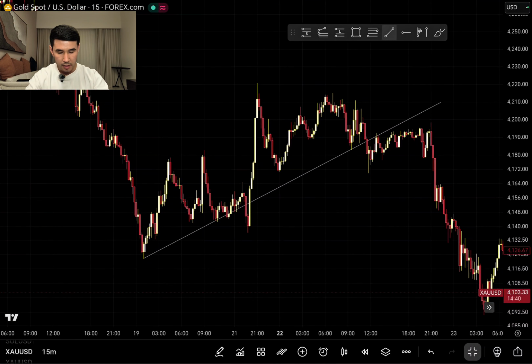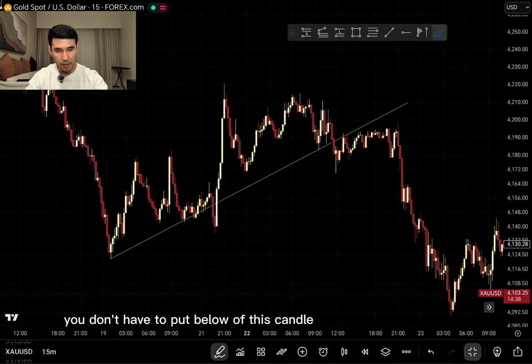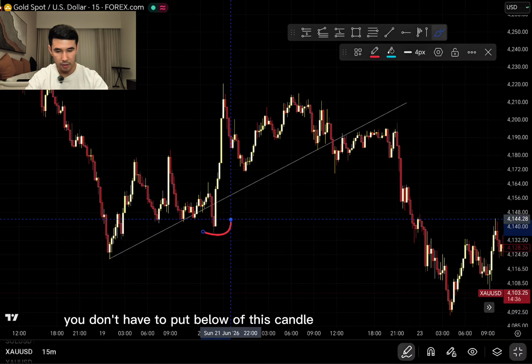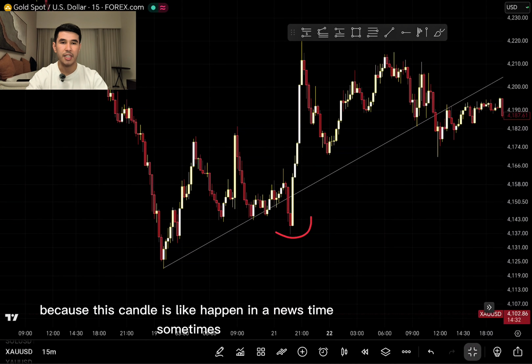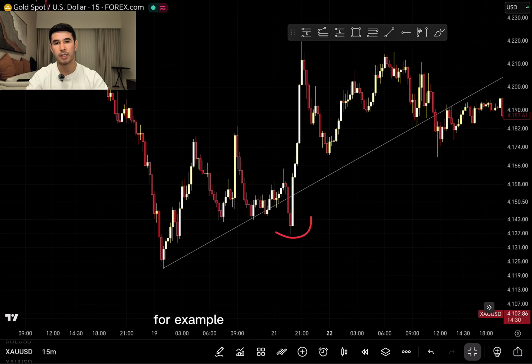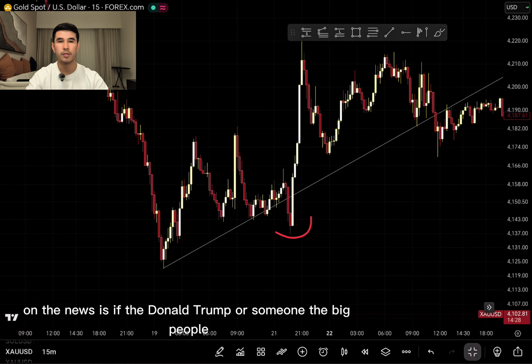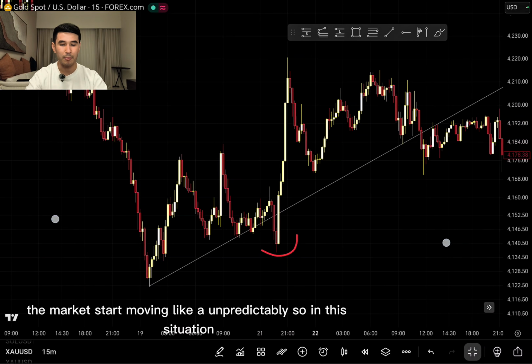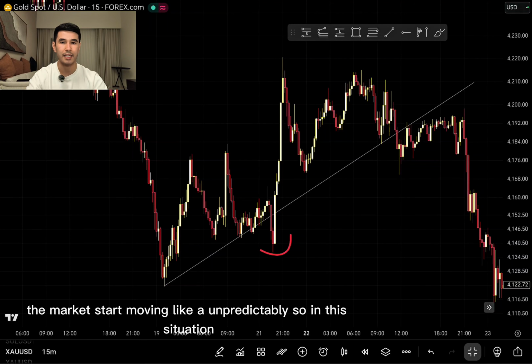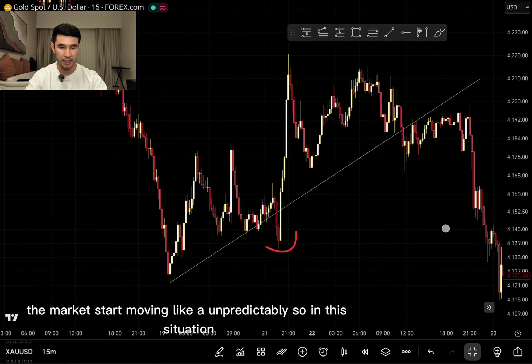You don't have to put it below this candle, because this candle happened at news time. Sometimes, for example, on the news, if Donald Trump or other big people start talking about the market or the economy of the United States, the markets start moving unpredictably.